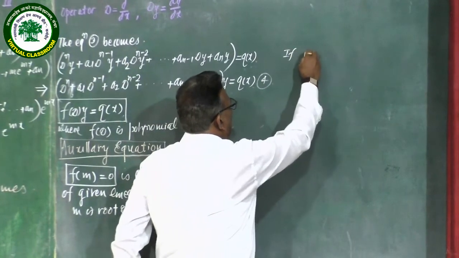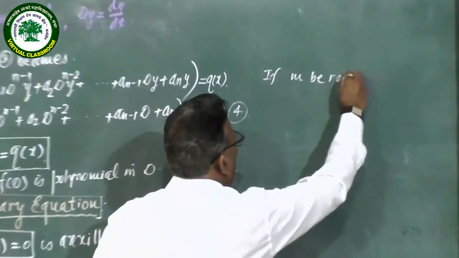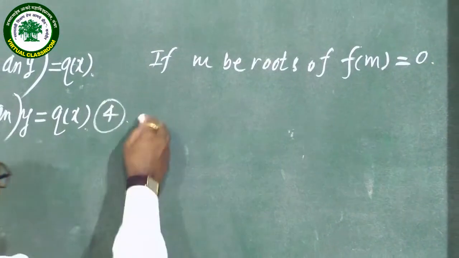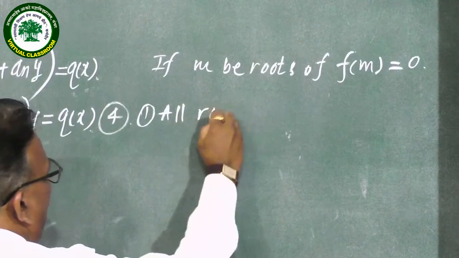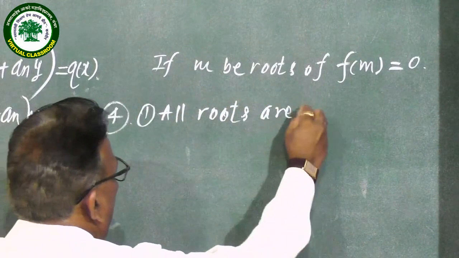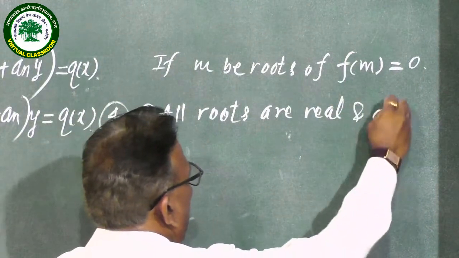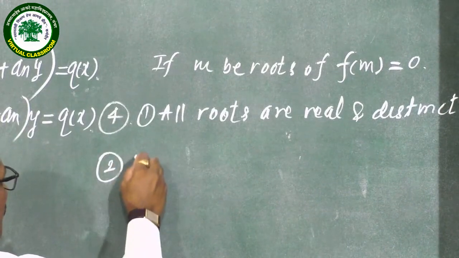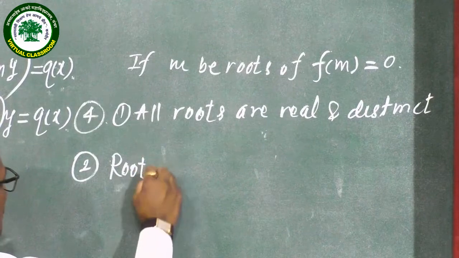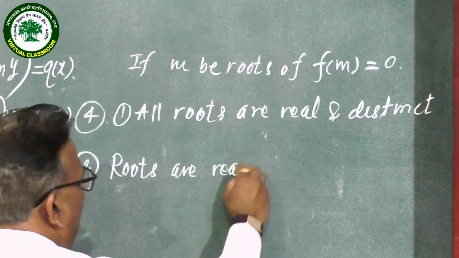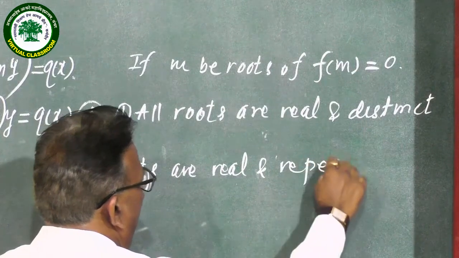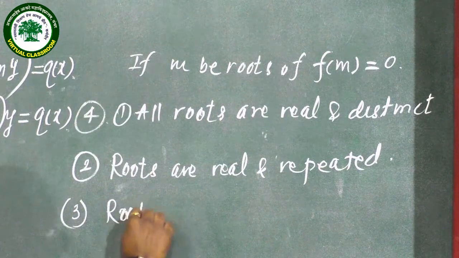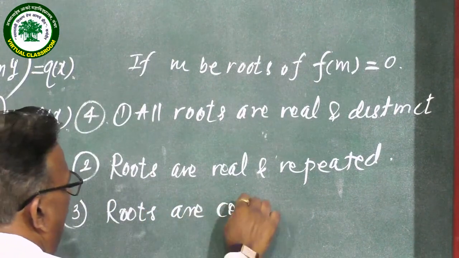If m are the roots of f of m is equal to 0, then the types of roots are: number 1, all roots are real and distinct; number 2, roots are real and repeated; number 3, roots are complex.